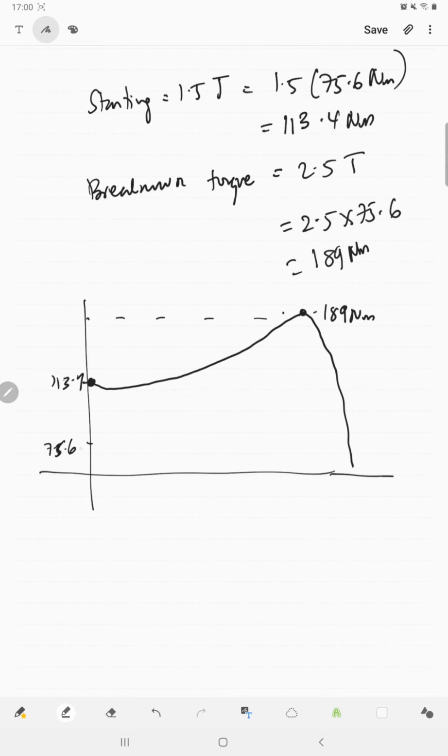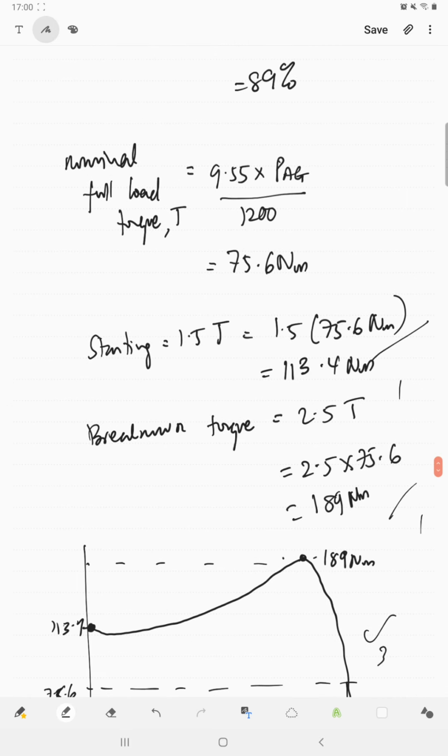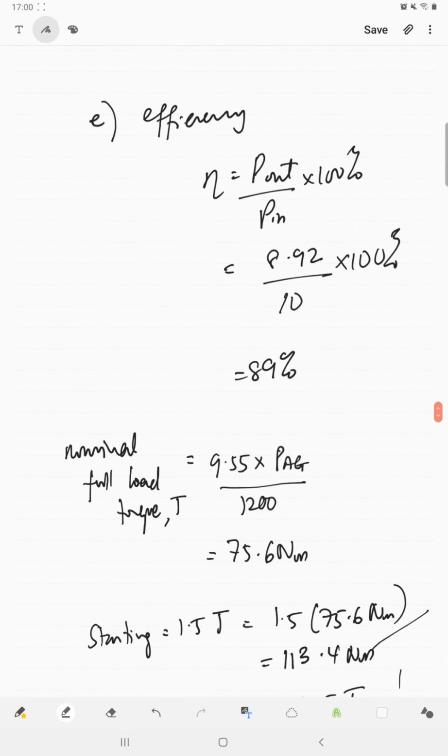So this is the nominal full load torque. This is how you get 5 marks. If you plot this, you get 3 marks, and each calculation is 1 mark. That is the distribution of marks for this question.